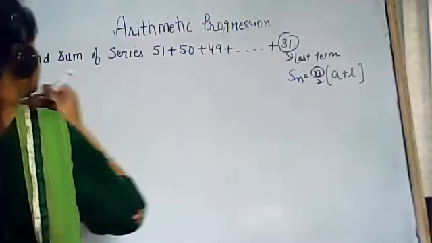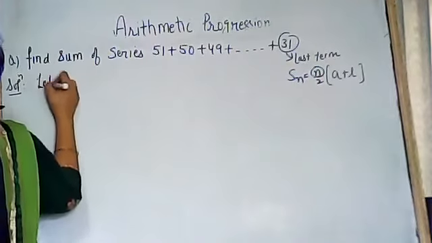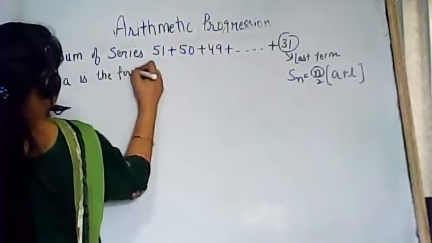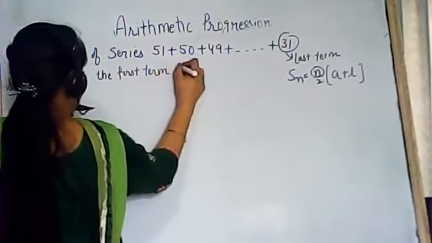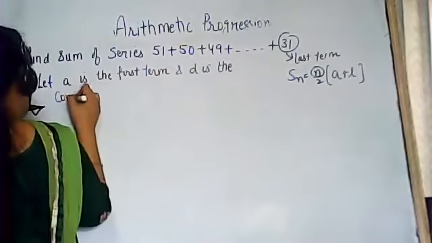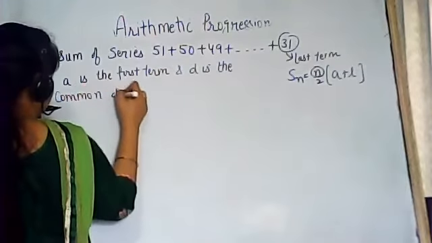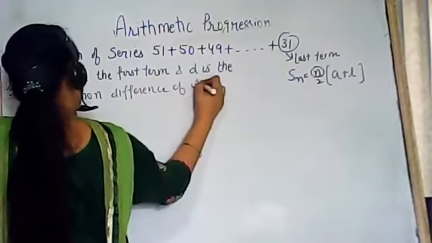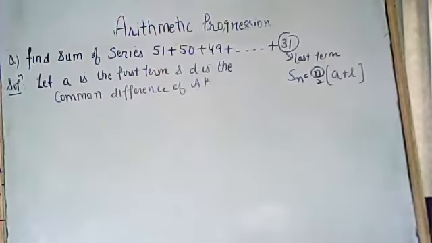So let us start with the simplification. Let A be the first term and D the common difference of the AP.